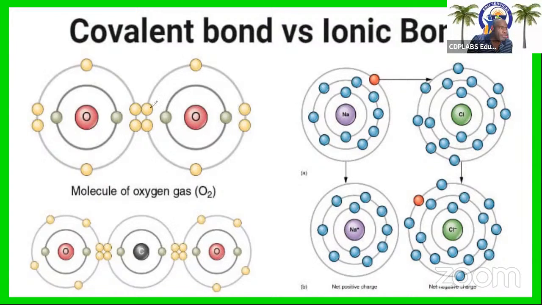So right here, they are sharing the electrons. This one is sharing 2, this one is sharing 2. So it looks like they both have 8 on the last shell. Make sense?